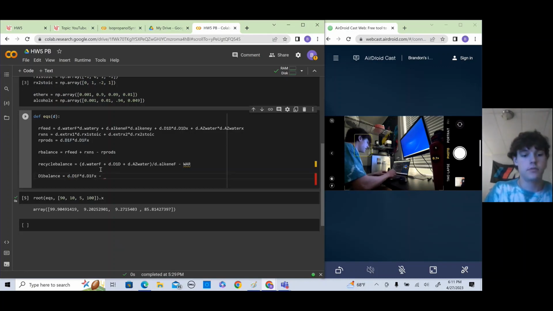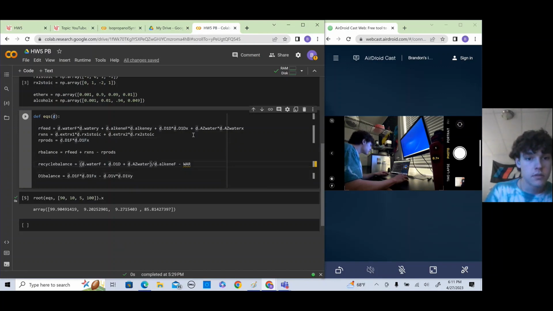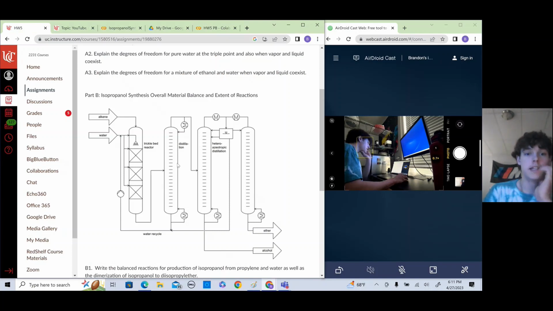And what's going out would be our d dot D1B multiplied by our d dot D1BY, and also what's going out would be our d dot D1 X here. That should be our balance for our first distillation.